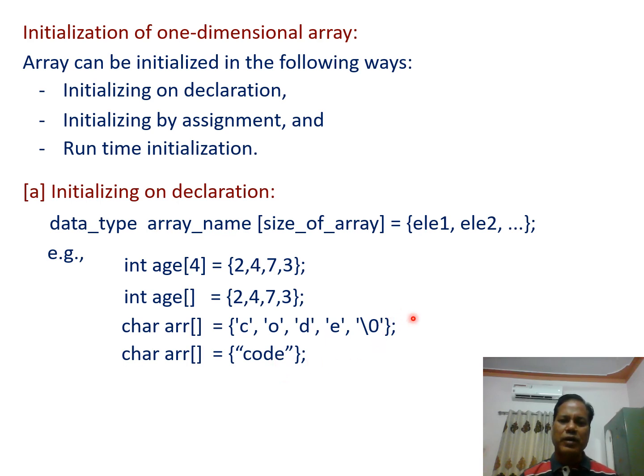So using these two, that is a character array on the right side in double quotation marks, or before this one, each character is written separately, but these characters are included in the double quotation marks.